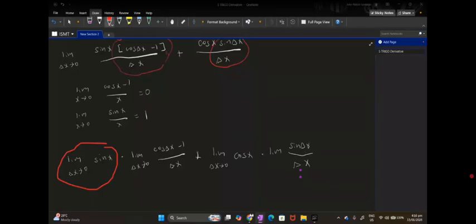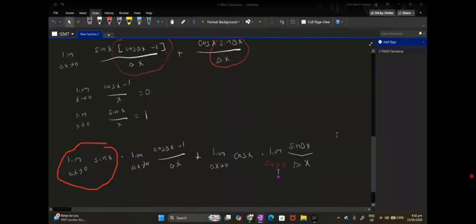Plus, nilabas din natin si cosine x, so the limit of cosine x as delta x approaches to 0 times itong part na to, sine of delta x all over delta x as delta x approaches 0. So, hiniwalay-hiwalay lang po natin siya para makuha po natin tong identity na to.